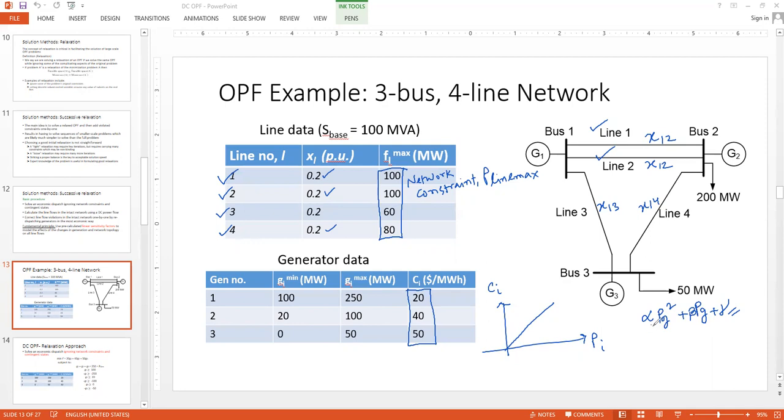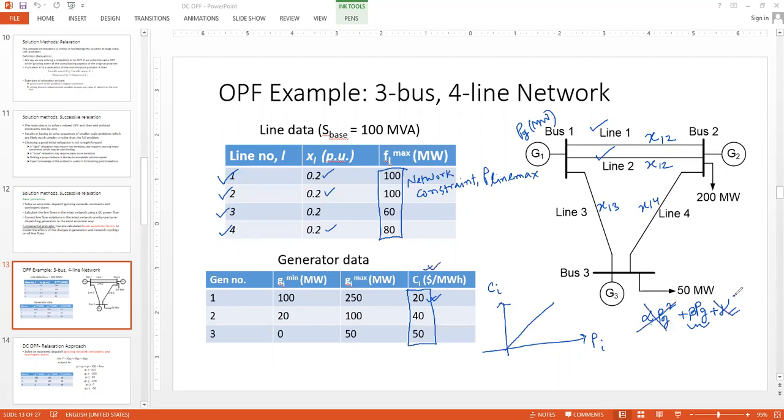So this is for the quadratic case, but in this case, you see it is simply dollars per megawatt hour. So if you multiply this value with the actual PG of the generating unit, which is in megawatts, you will get the cost in dollars per hour. So we are only left with this. In this problem, we don't have any nonlinear part.